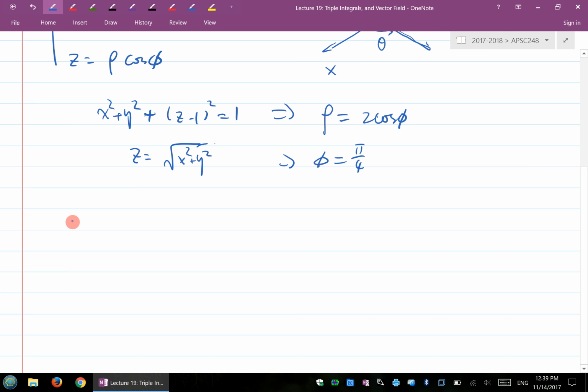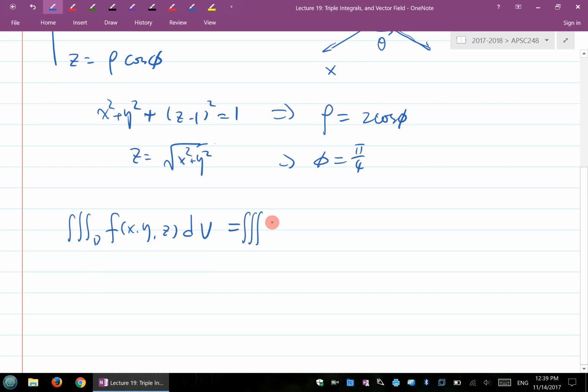So in terms of evaluation, here's the original integral. But we are not going to evaluate using x, y, z coordinates. We are going to evaluate the same integral using rho, phi, theta, the spherical coordinates.